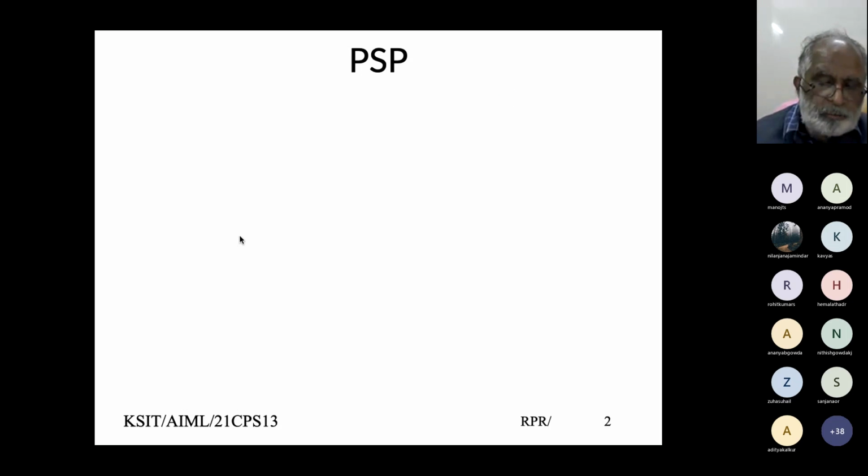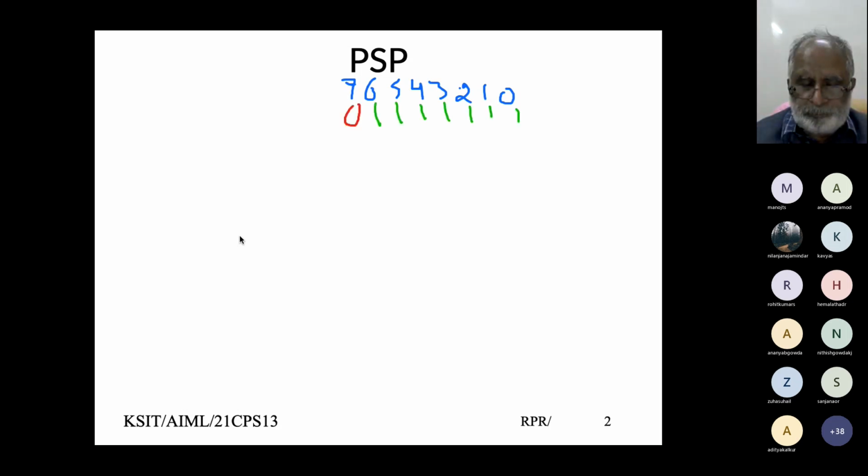Bit number 0, bit number 1, bit number 2, bit number 3, bit number 4, bit number 5, bit number 6, bit number 7. 0 and then 7 ones. So this would be 0 here, and then you would have all ones. Correct? This is 127 in decimal.